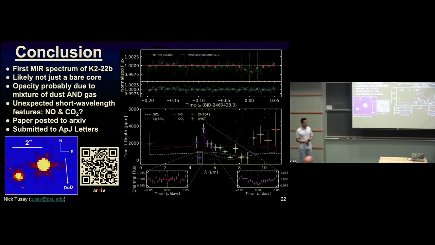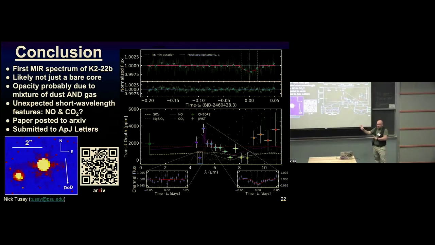Note that the archive link takes you to the first draft. We've significantly fleshed out the discussion in the second draft that's not up yet, waiting for the reviewer to finish eviscerating us. But yes, there is the possibility that CO2 and NO are released volatiles of disintegrating various materials.